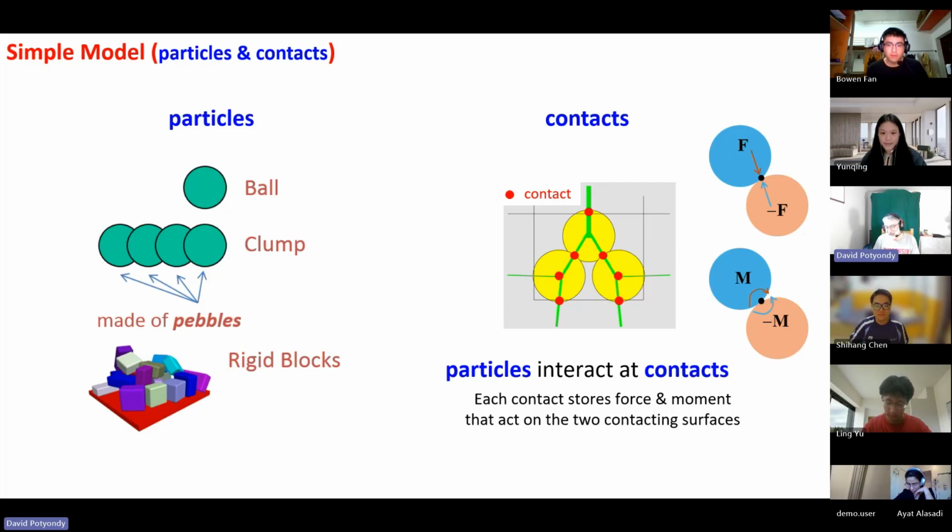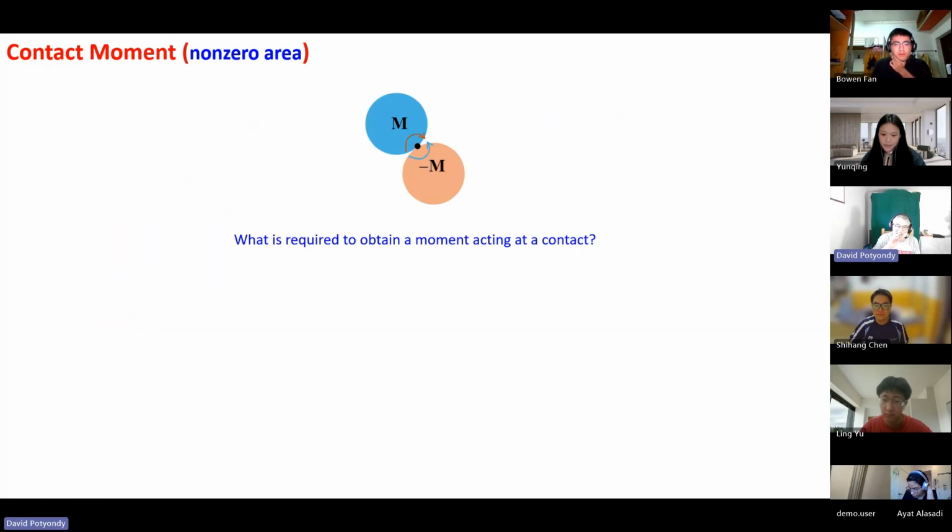In addition, they may have micro moments, which you see here. And the question is, how do you get a micro moment there? That seems kind of weird. And it has to do with this. How do we get a moment? The key thing is that you have to now associate some kind of area with this.